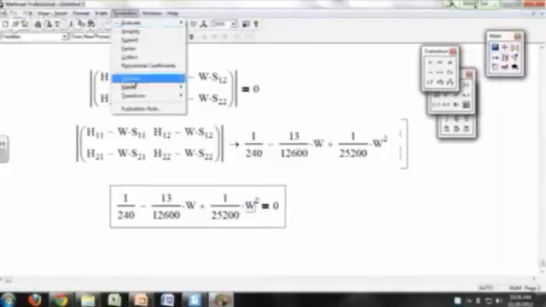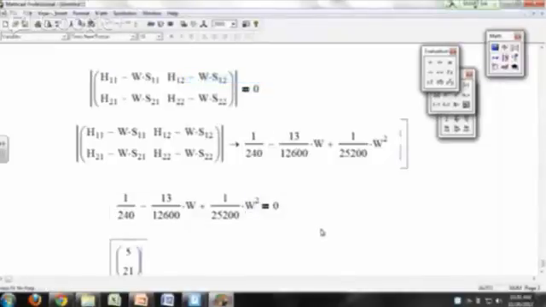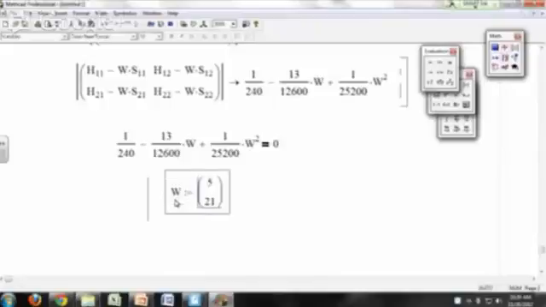So symbolic, variable, solve. I'm solving for W. And those are the two allowed values of W. So copy that. I'm just going to say W equals that. So it's either 5 or 21.